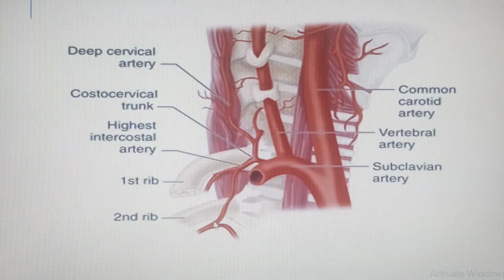The first two spaces will get their supply from branches of the highest intercostal artery. But the remaining 9 will come directly from the descending thoracic aorta. So look at all these dynamics so that you can appreciate them.